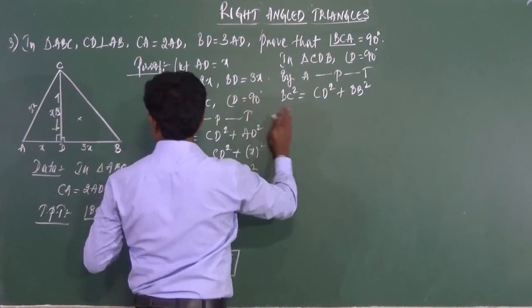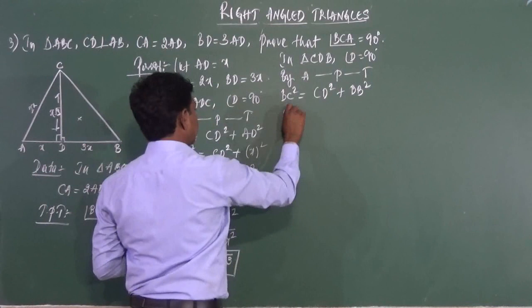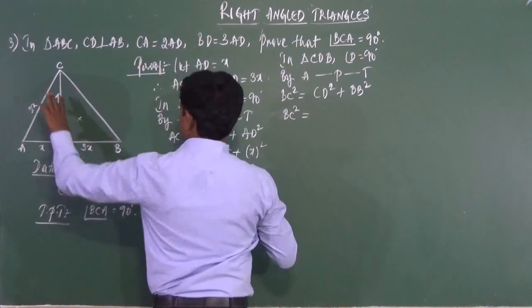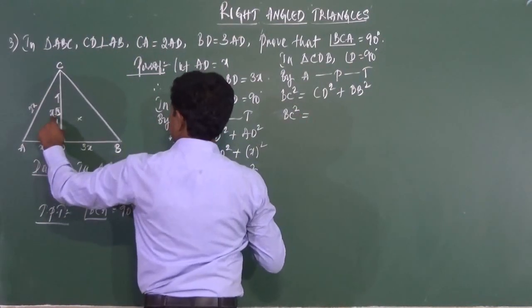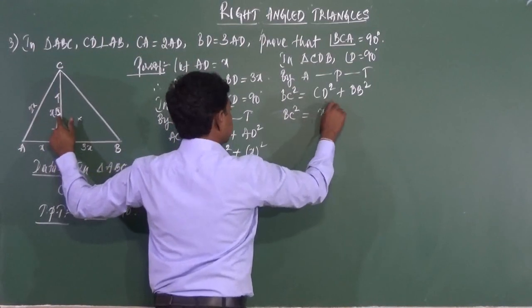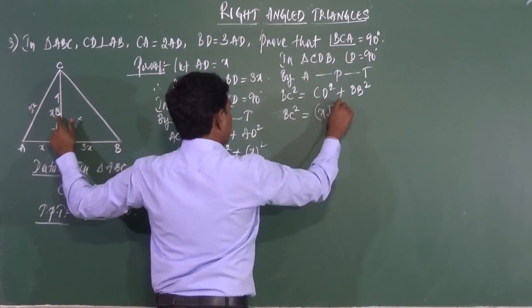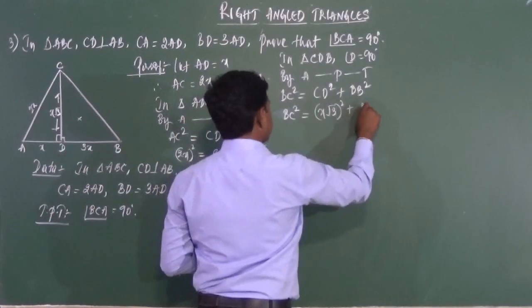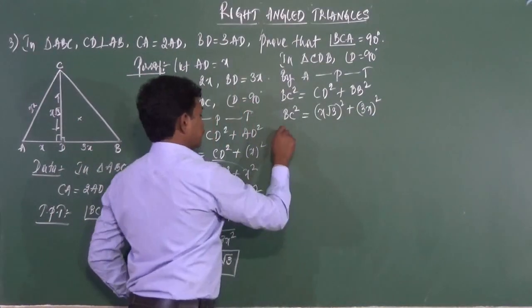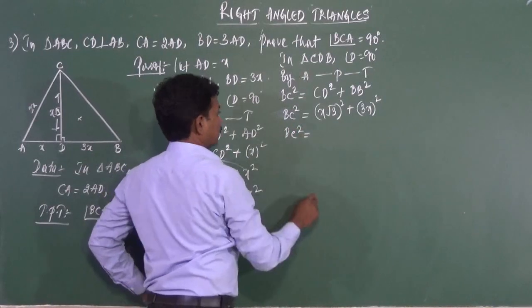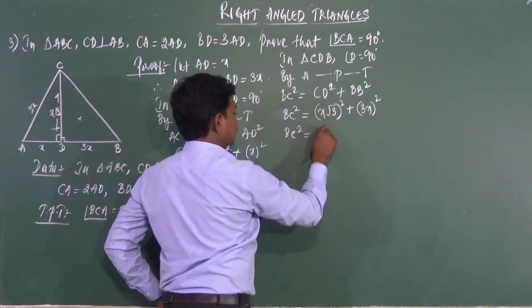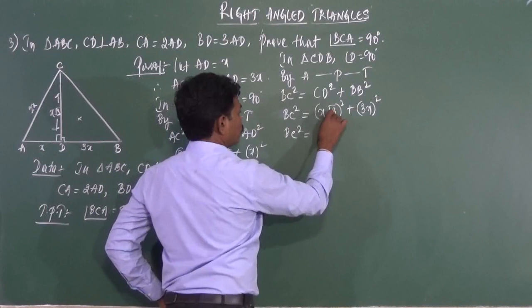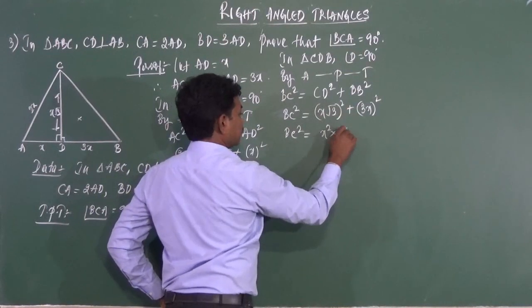So BC square, we do not know the value of that. BC square is equal to CD square, where CD is x root 3, so x root 3 whole square, plus DB square, which is 3x whole square. x root 3 whole square is x square into root 3 whole square, because the square applies to both terms.